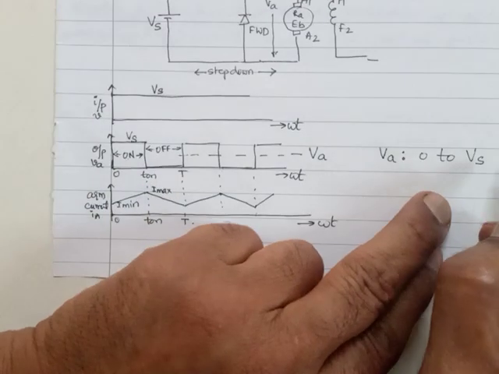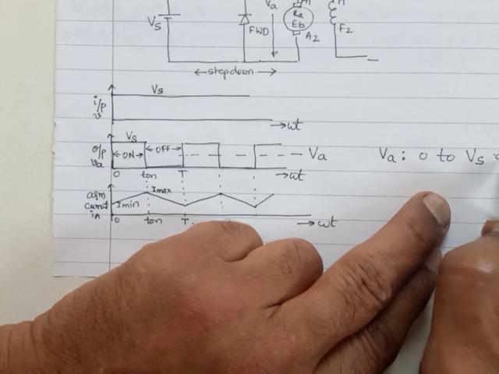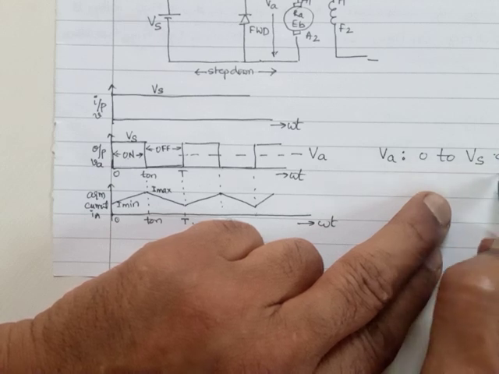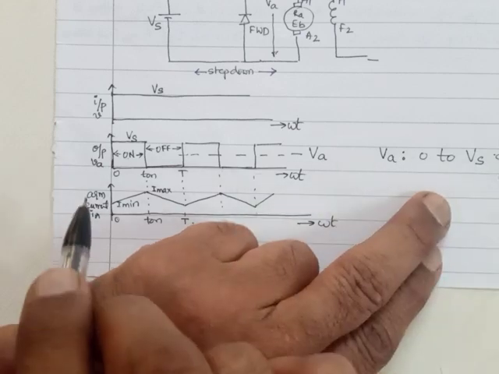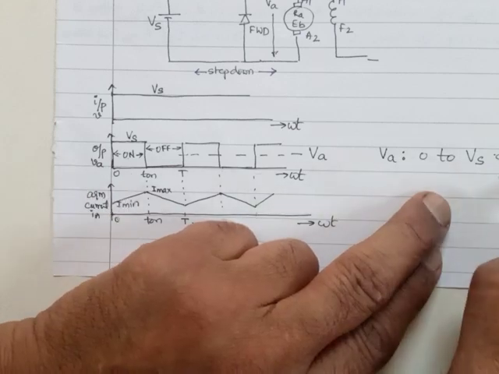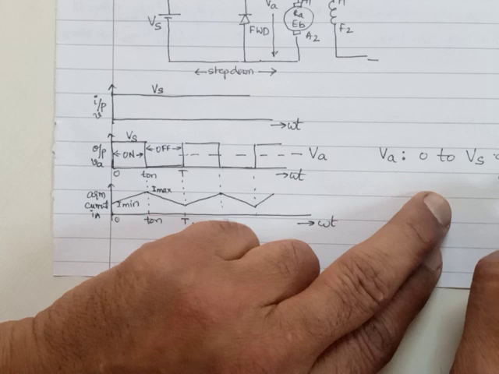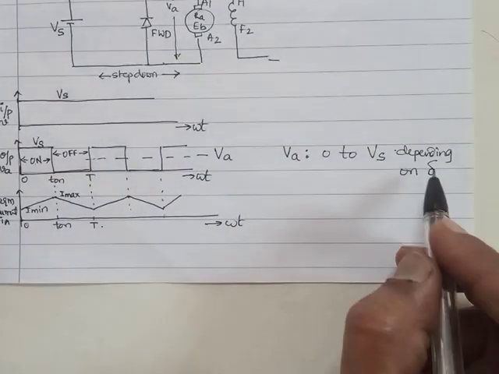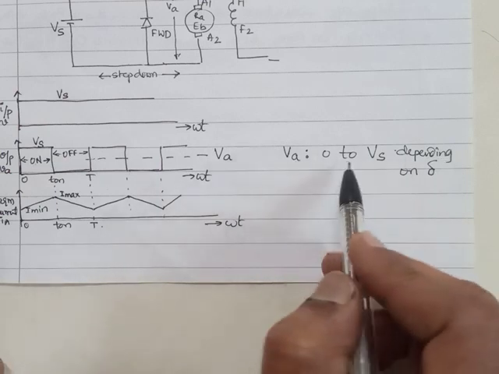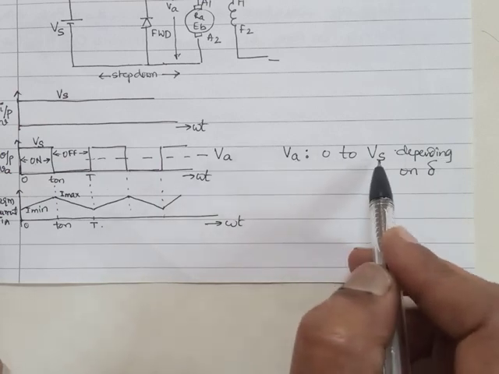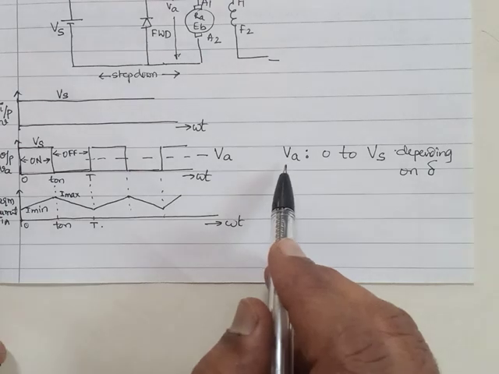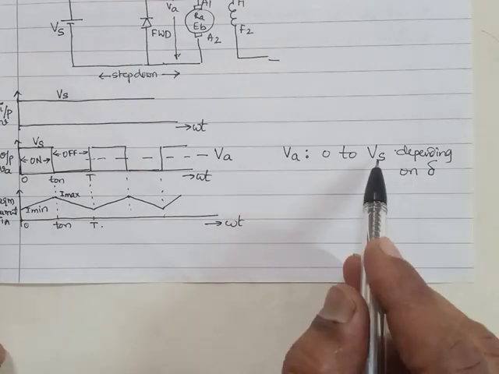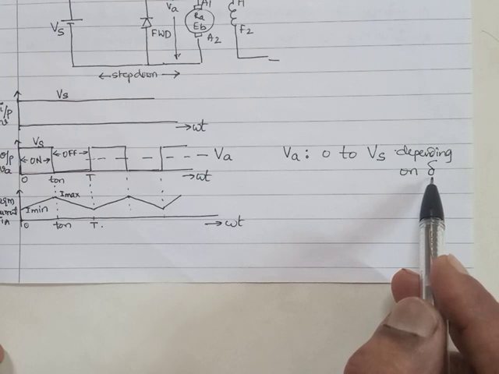That is nothing but depending on what? Depending on the relative value of on and off time. What parameter decides that? Delta, the duty cycle. Is it okay? Depending on the value of delta, the VA changes from 0 to Vs. VA will be 0 when delta is 0. VA will be Vs when delta is 1.